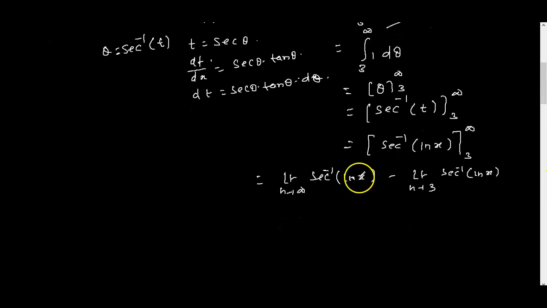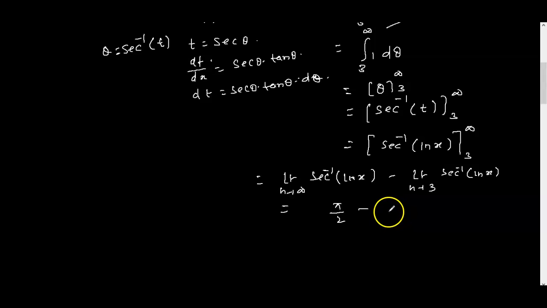ln x is equal to what here? We will get infinity if you put it in this. That becomes pi by 2, okay, that is 90 degrees. Infinity only, no? Minus, this one is ln of 3.